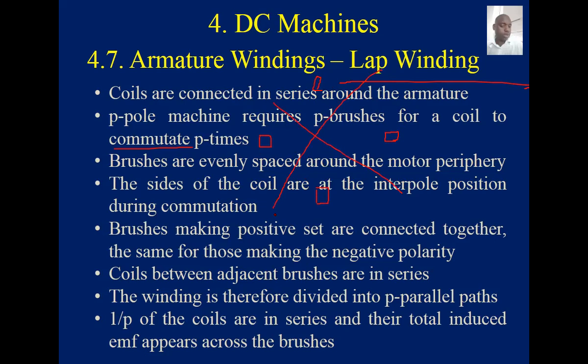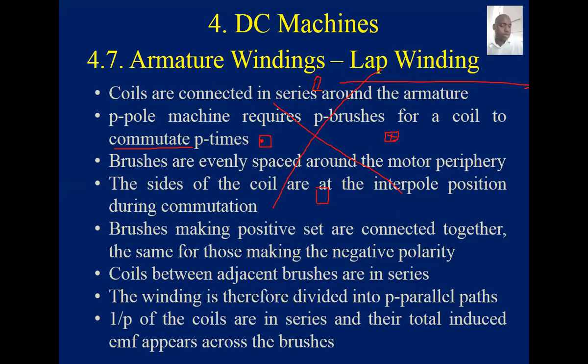Then the sides of the coil are at interpole position during commutation. When we talk about commutation, we are saying the current in the coil is now changing direction. So the design of the machine should be such that when the current in the coil is changing, there is no overall magnetic field experienced by the conductor.